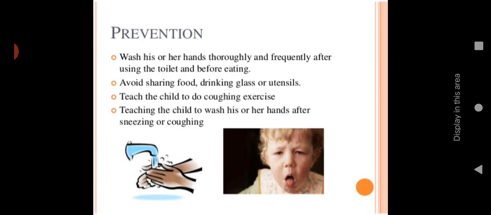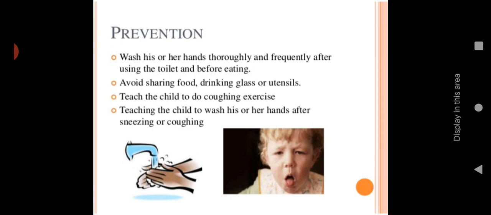We have seen viral tonsillitis and bacterial tonsillitis, and the causes also. Then the pathophysiology. Then the signs and symptoms: the main symptoms are sore throat, fever, sometimes breathing difficulty, and difficulty in swallowing. Then we have seen how to diagnose the condition.